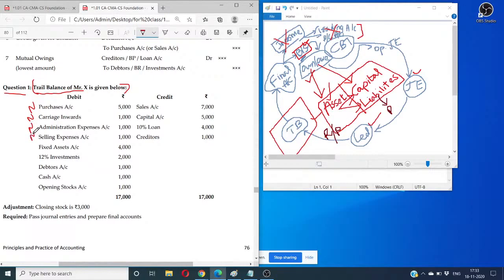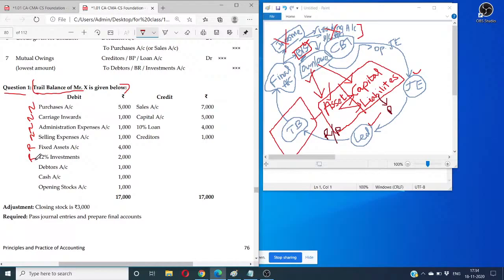Answer not from one or two, I need to get the answer from you all. Come on, fixed assets, make it faster. Fixed assets, real, very good, real. And 12% investment. See, mention investment and then post it as real, right?